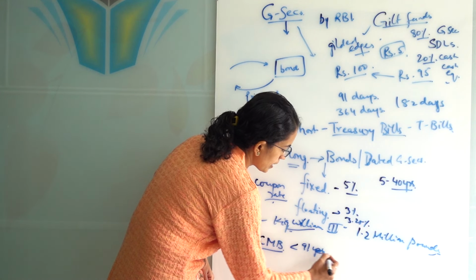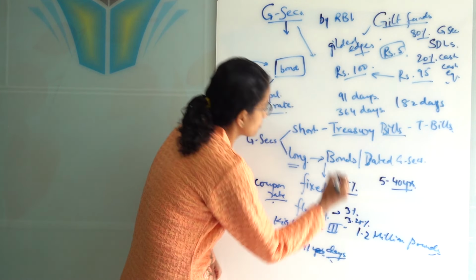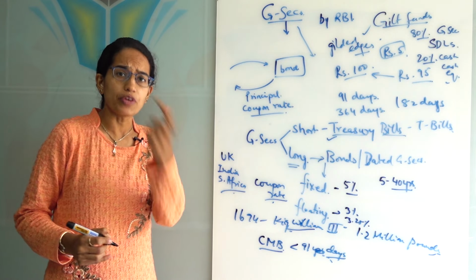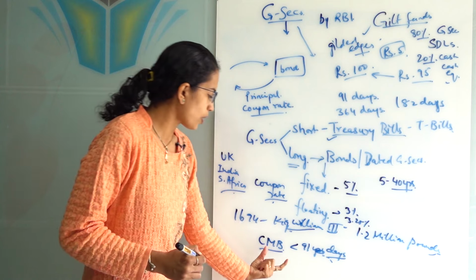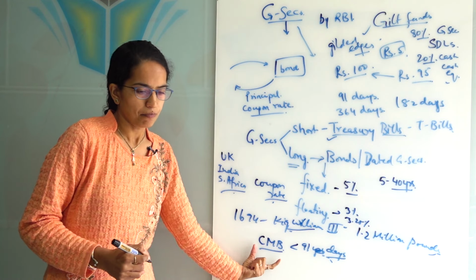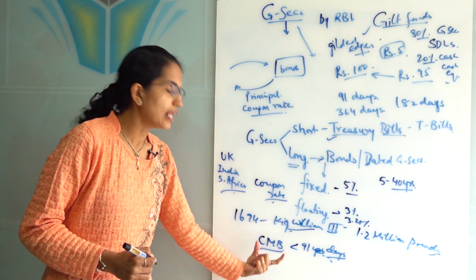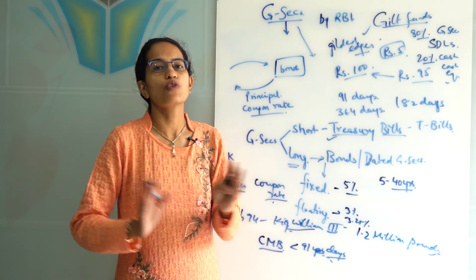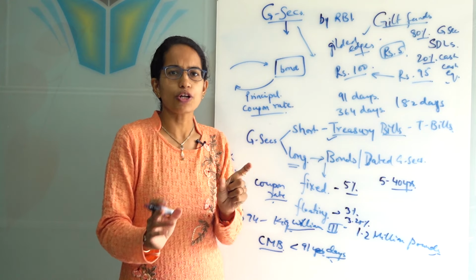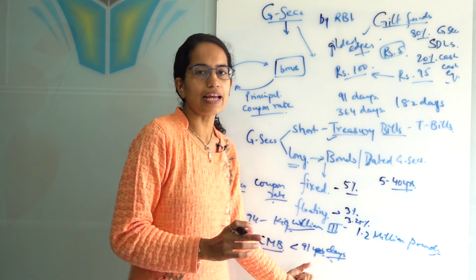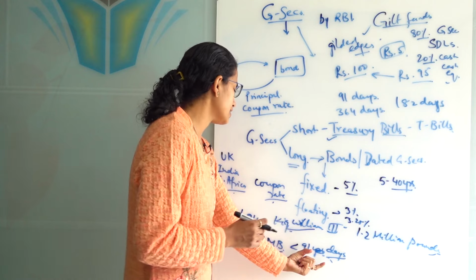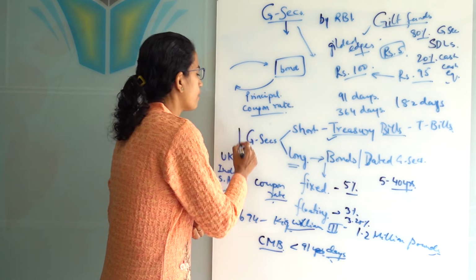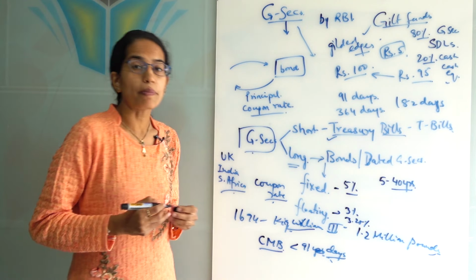From 91 days onwards we have the treasury bill, but if the government requires money for a very short duration, it would be brought as a cash management bill, just to offset the temporary mismatch in the cash flow of the government for a very short duration, less than 91 days, less than 3 months. So three important elements under GSEC, a very important and interesting topic in economics.